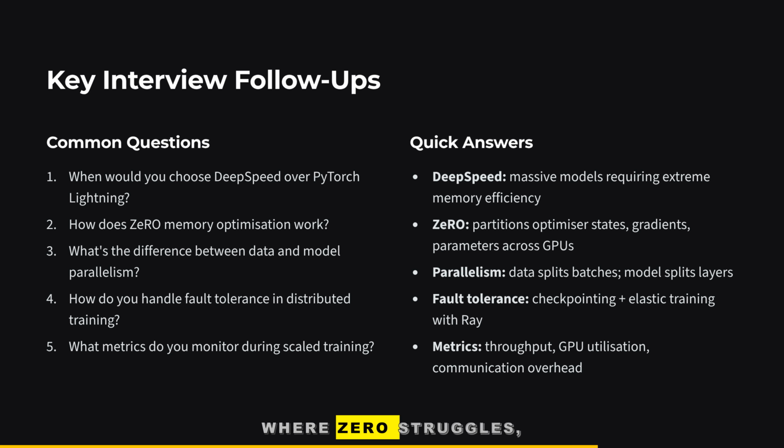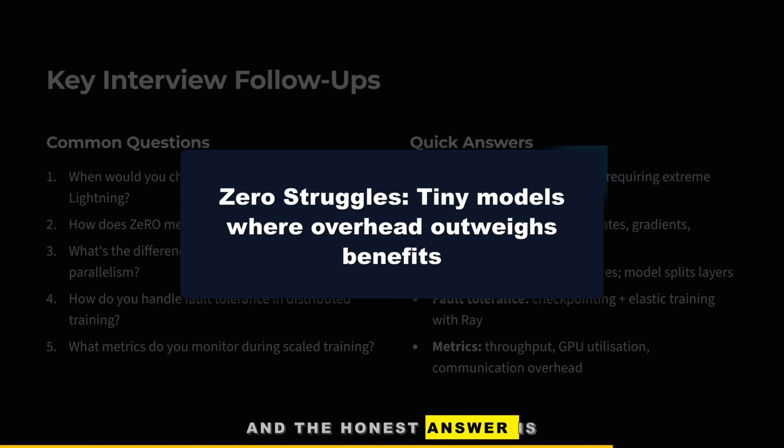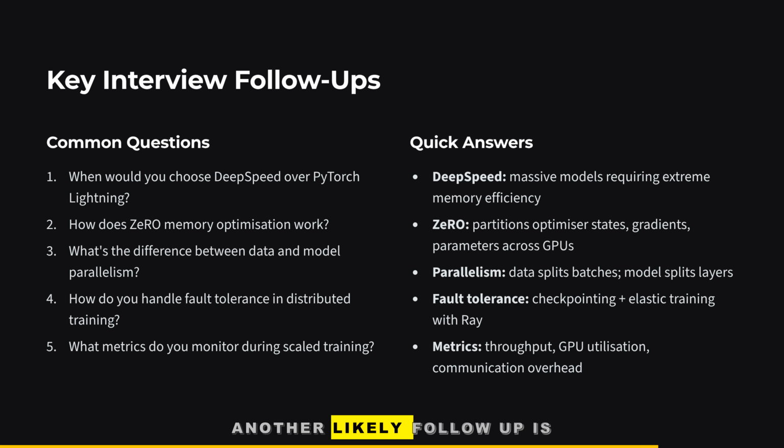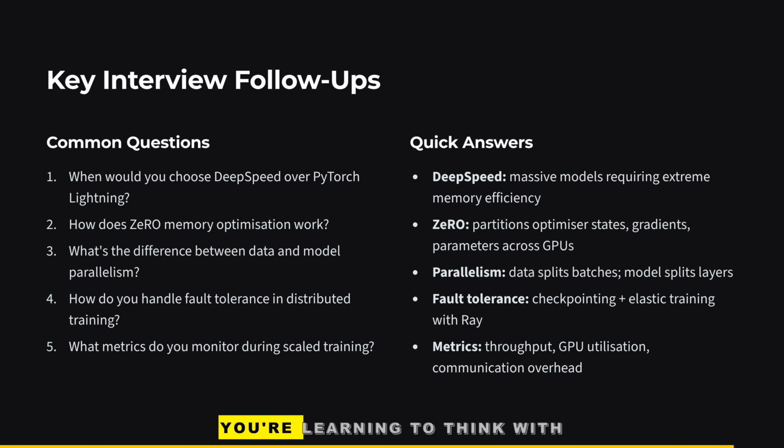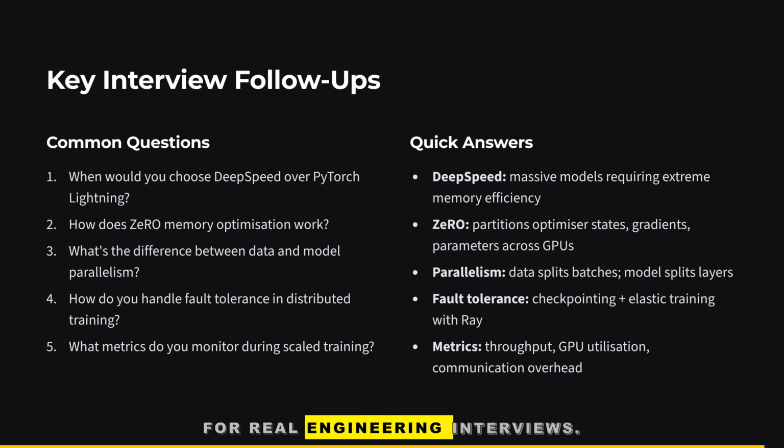Interviewers may ask where ZeRO struggles, and the honest answer is tiny models where the overhead outweighs the benefits. Another likely follow-up is how to verify system health, and you can say by checking step latency and gradient sync time. You're learning to think with the nuance of someone ready for real engineering interviews.